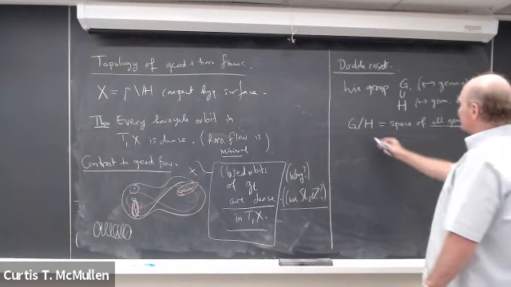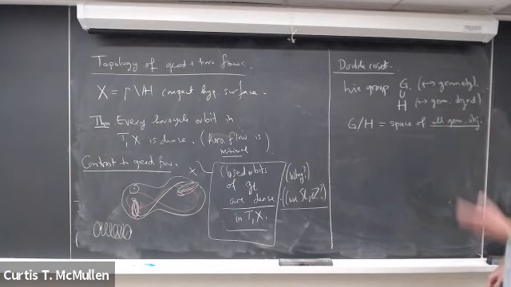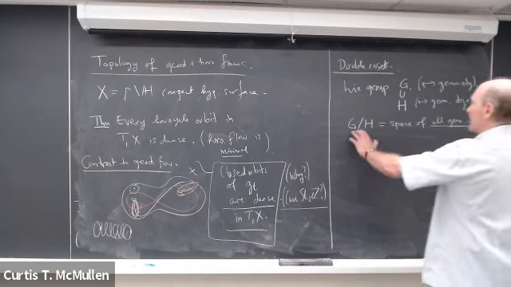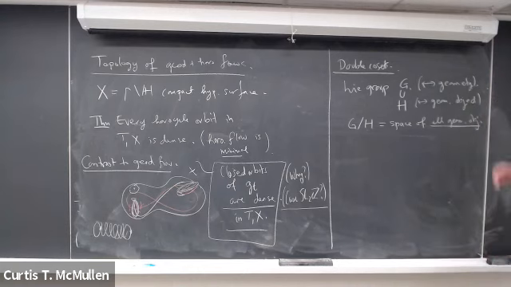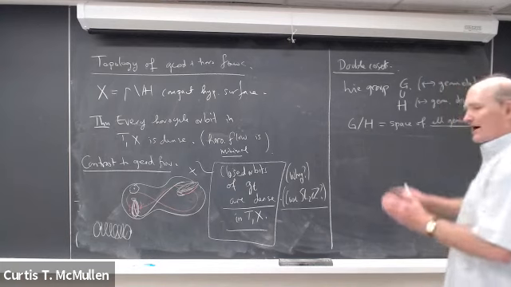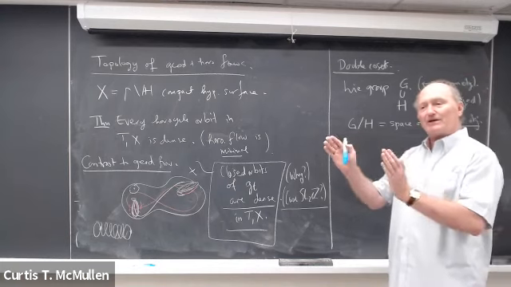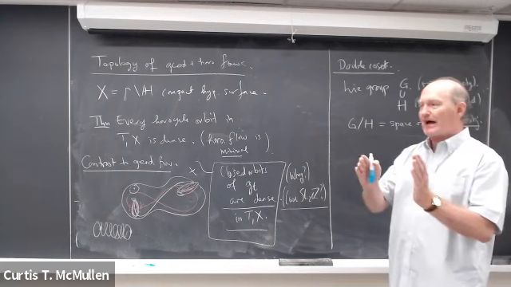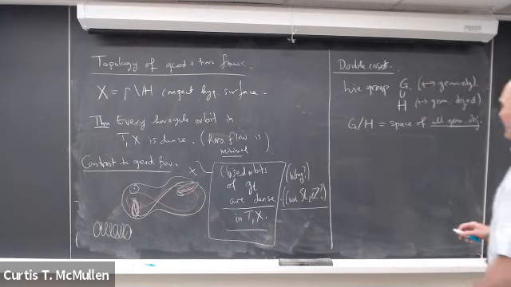H itself is the stabilizer of one geometric object, like a point or a geodesic, and then the coset space describes all of them. But what about the space of pairs of geometric objects of the same type? How do you describe that?